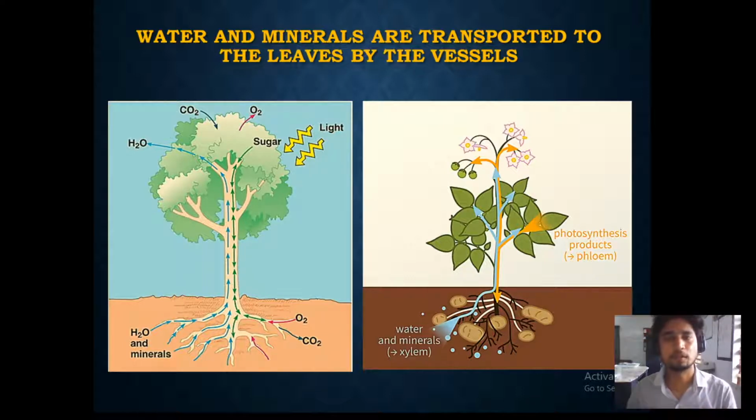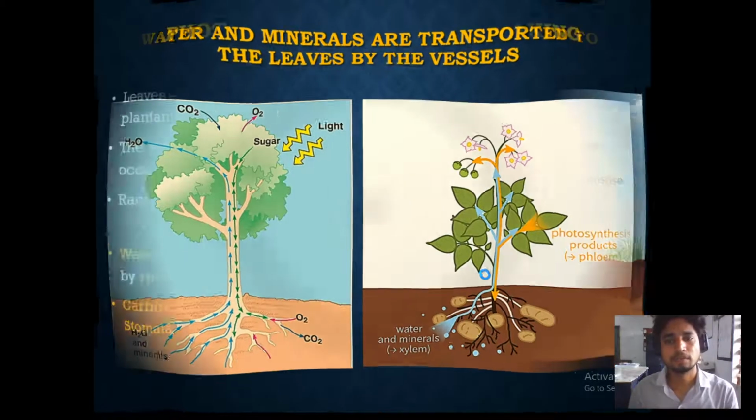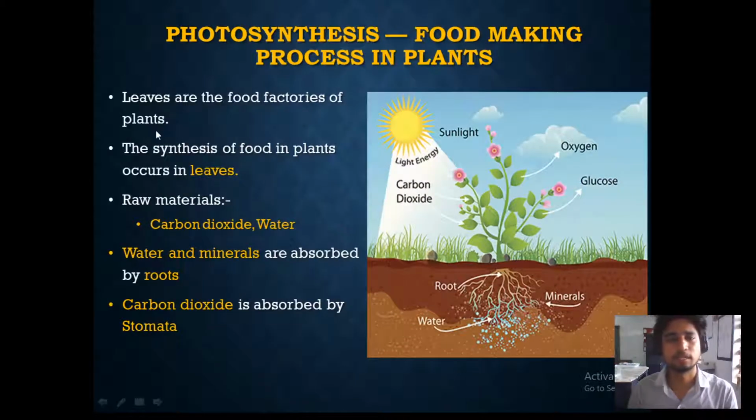They have small pipe-like structures called vessels. The water absorbed in the roots is taken up to all parts of the plant, and the water is delivered near the leaf, because leaves are the site where the food is generated. That's why we said leaves are the food factories of the plants.